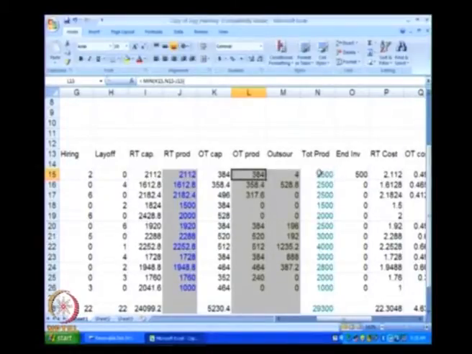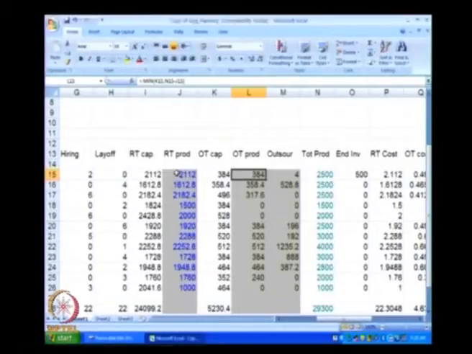Now, we have decided to produce 2500 in this month. Our regular time capacity is 2112, our overtime capacity is 384, together the capacity is 2496, but we have decided to produce 2500.